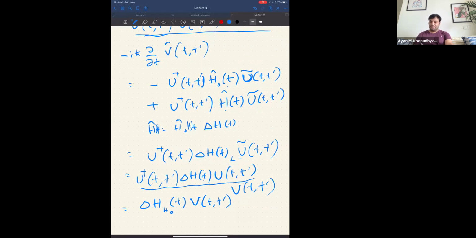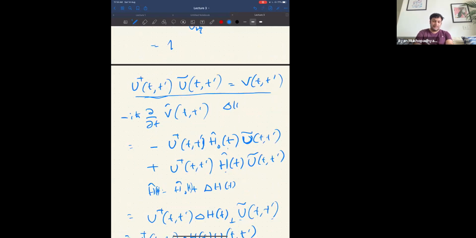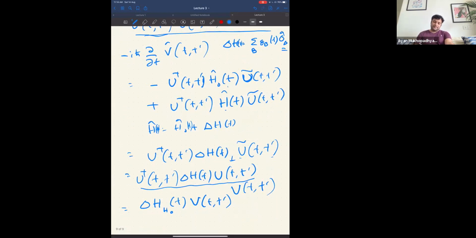This t dependence of delta H(t) comes from the dependence of the sources on time, but not the operators on time. If you remember, delta H was written as a sum over B of g_B(t) times O_B. These operators were not evolving in time. They were in the Schrodinger picture, but now they're evolving with respect to H0, the old Hamiltonian.